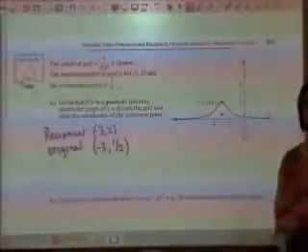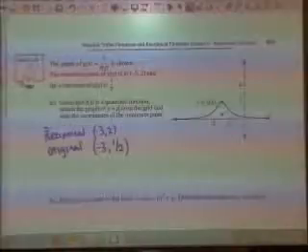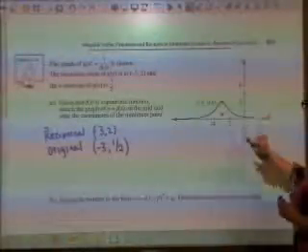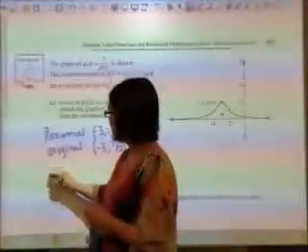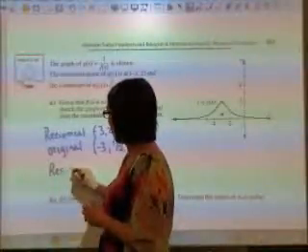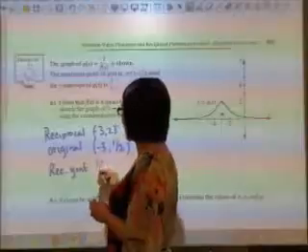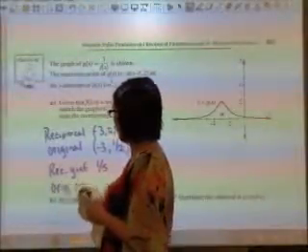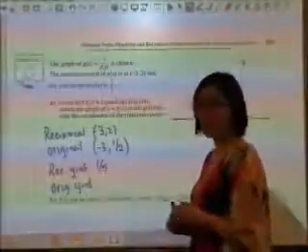point. Okay? The next point that I'm given is that the y-intercept is 1/5. So if the reciprocal y-intercept is 1/5, the original y-intercept would be what?